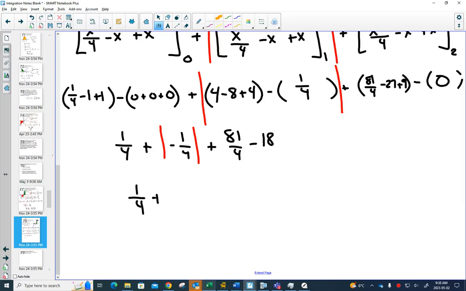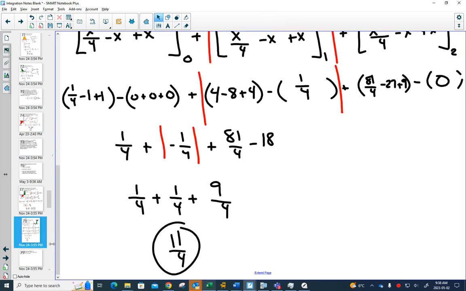Okay, 1/4 plus 1/4 plus, what does that come up to? 13/4? Hopefully. And then, is it 13/4? Oh, 9/4. So close. Mental math. We had time and did it before the bell.